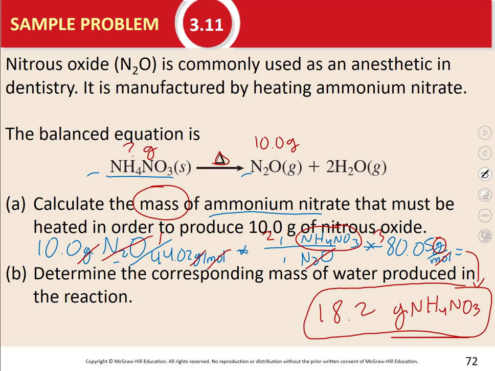So the whole point of what we're trying to do is to understand how much nitrous oxide is inside that amount of ammonium nitrate. The whole idea is if I'm working in a lab trying to make nitrous oxide and I know I need 10 grams of nitrous oxide, how many grams of ammonium nitrate do I put into the reaction chamber?